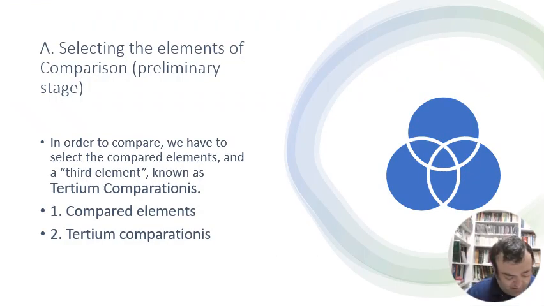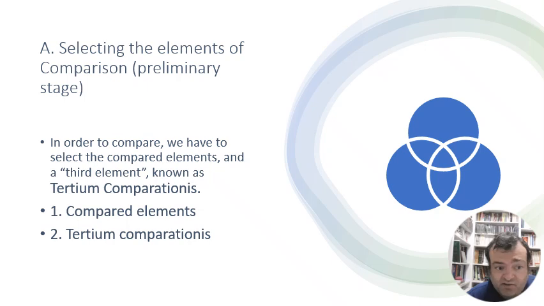So, the preliminary step, which consists in selecting the elements that will be compared. It may appear obvious, right? First to select which countries or which systems we are going to compare. But it is one of the most important decisions in any comparative project.